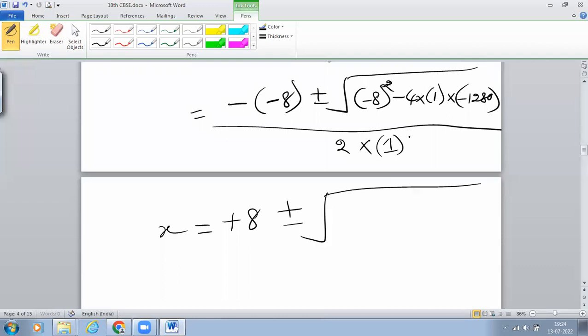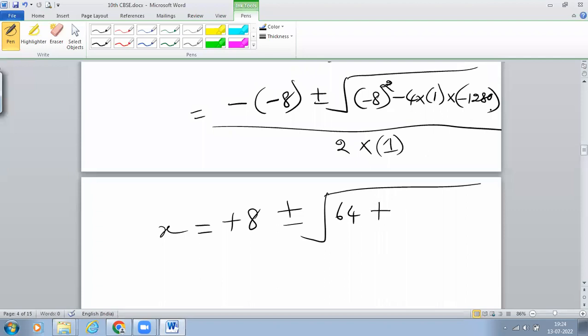Square root of, now minus to the power 2 is plus. What is the value of 8 square? 64. Now listen, minus into the sign of 1 is plus, so minus into plus is minus. Again, minus into minus is plus. Therefore, plus will come. Now 4 into 1 is 4. 4 into 1280.